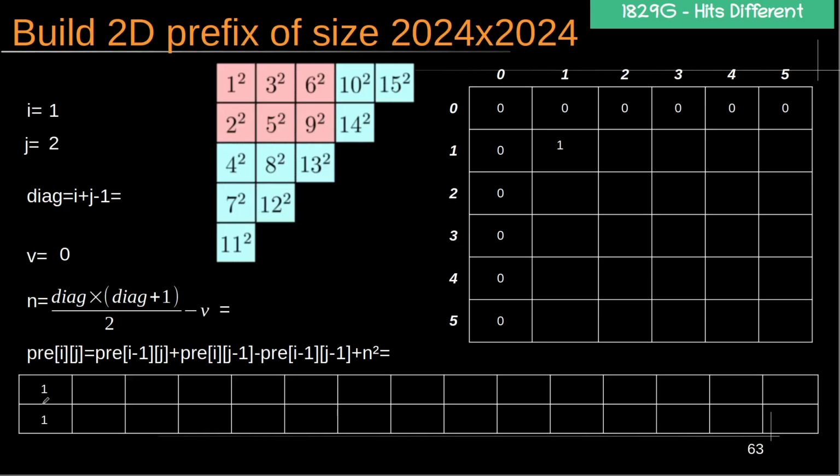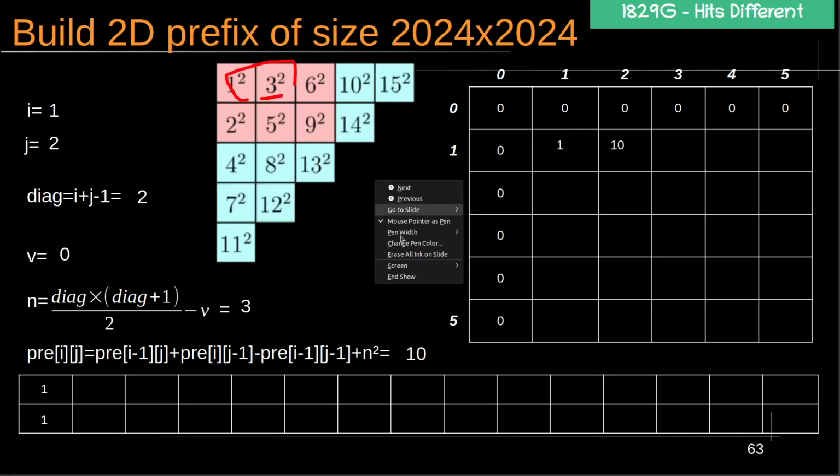And we go to 2. The diagonal is equal to 2, v remains 0 because we are computing the first row. The n is equal to 3, which is this one. So the prefix sum is equal to 10 because 3 squared plus 1 squared is equal to 10.